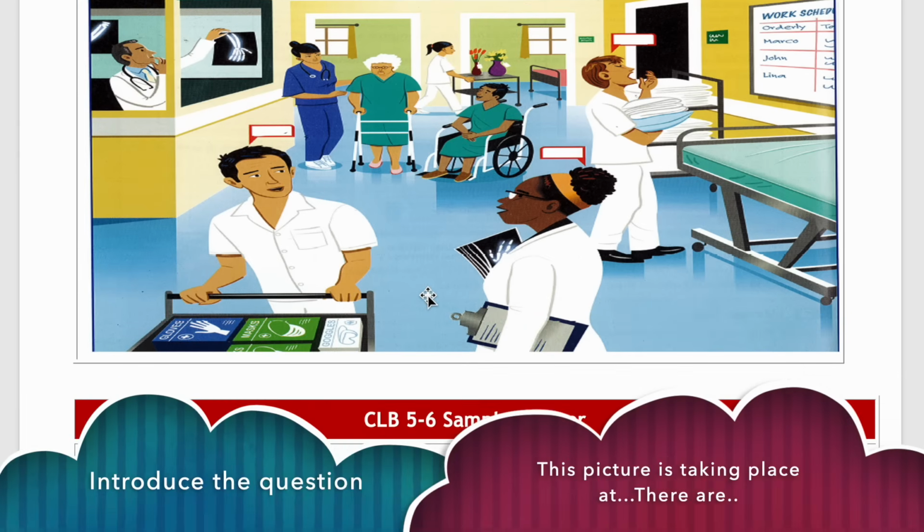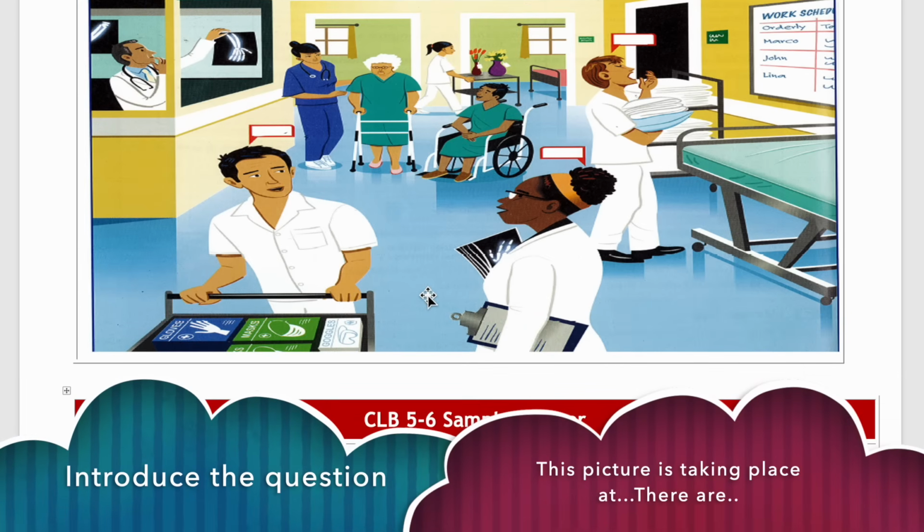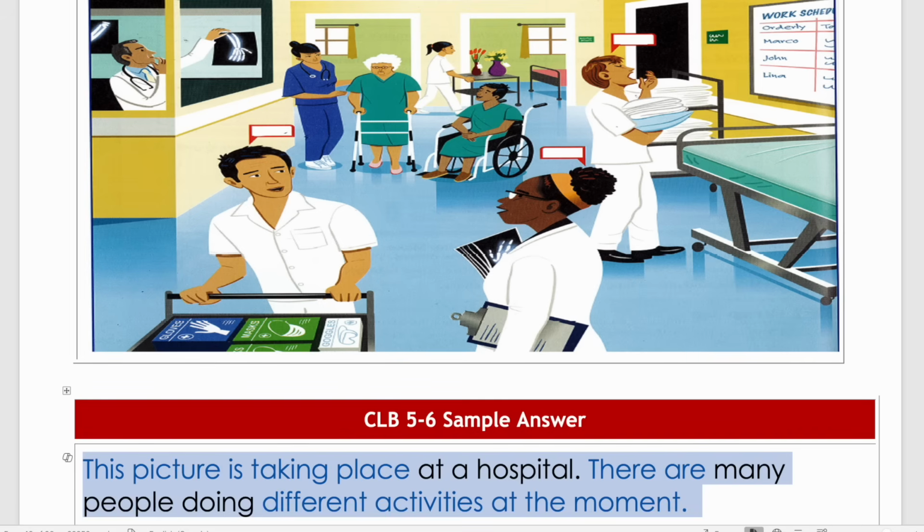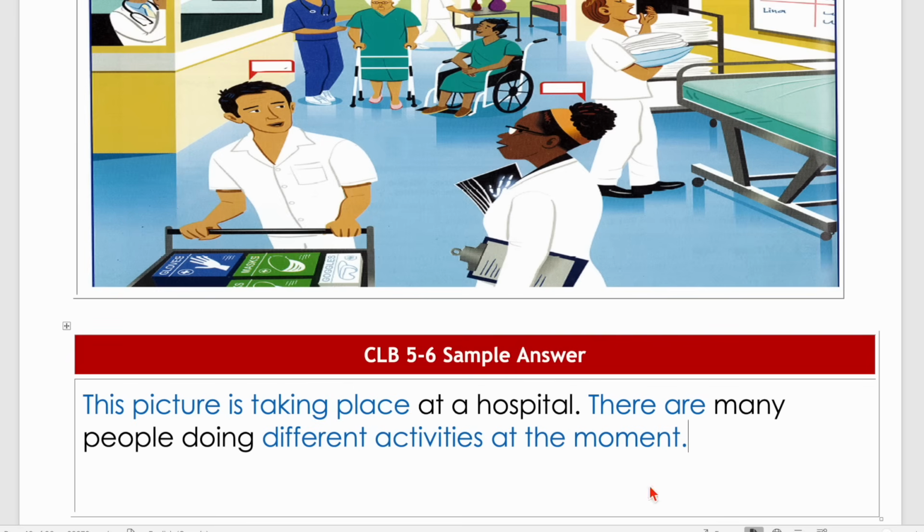Let's start by answering where this picture is taking place and what kind of people we see. Okay, this picture is taking place at a hospital. There are many people doing different activities at the moment.